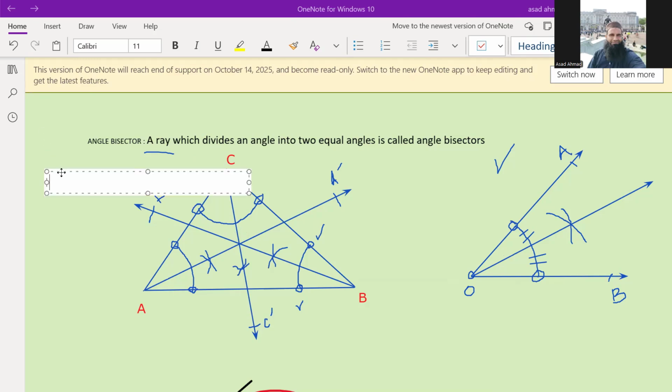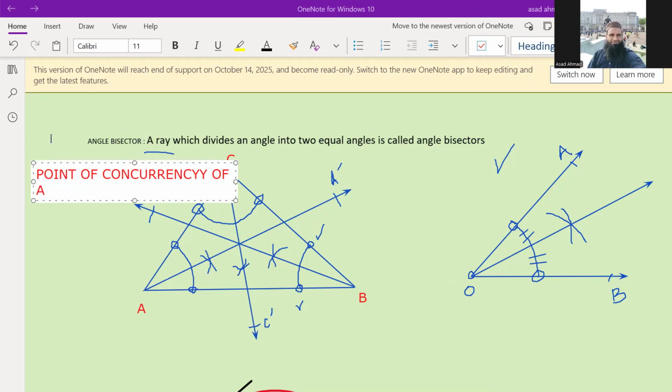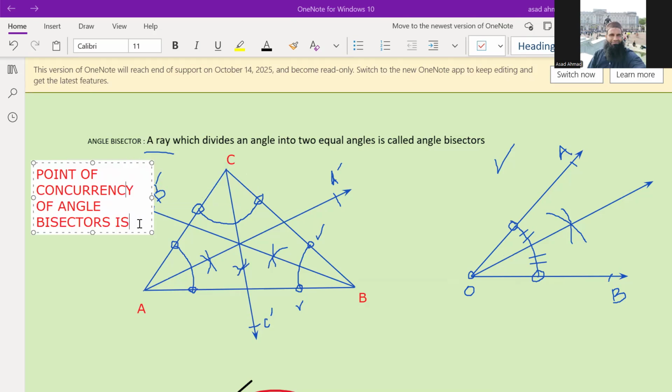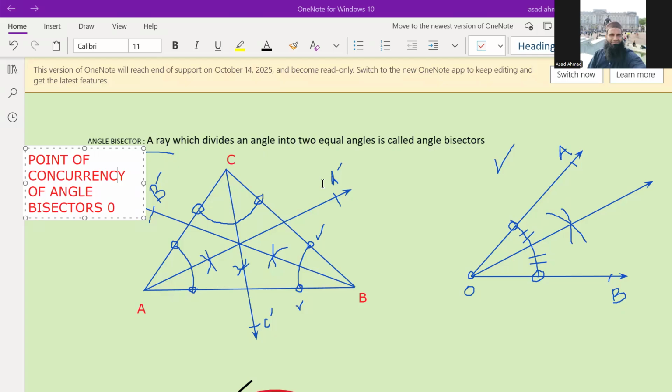Let me write it here because it is important: the point of concurrency of angle bisectors of a triangle is called the incenter.